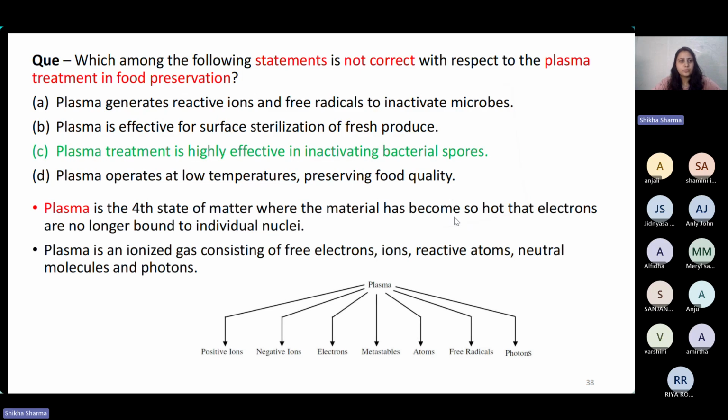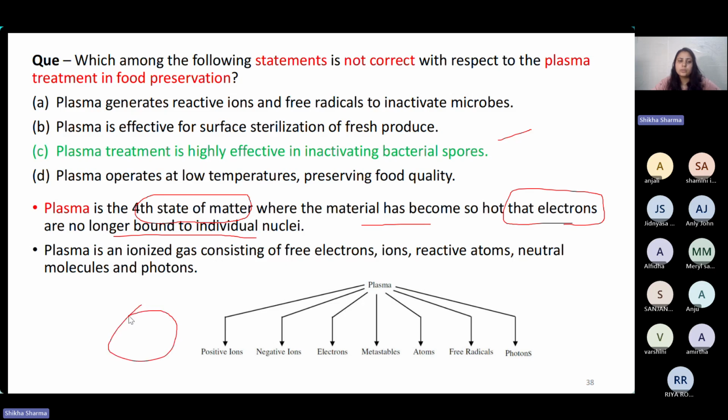Okay, let's see. So here C is correct, because plasma is basically the fourth state of matter, where the material has become so hot that the electrons are no longer bound to the individual nuclei.